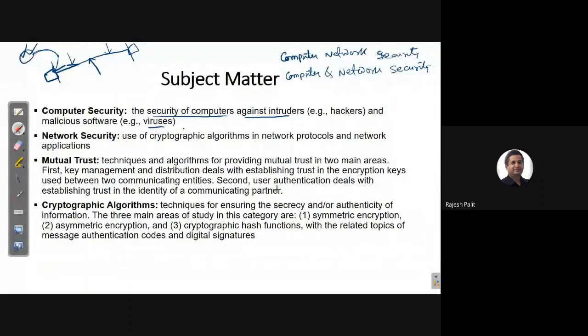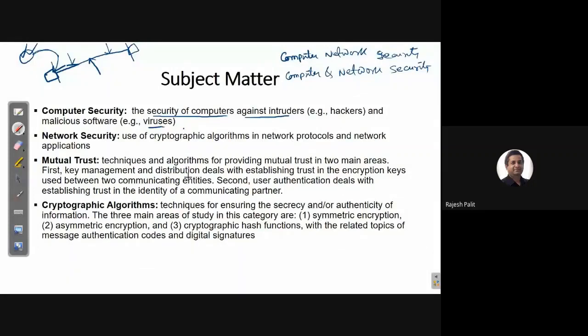The second one is user authentication, which deals with establishing trust in the identity of a communicating partner. When you want to access an ATM machine, or a bank account over the internet, you need to identify yourself.